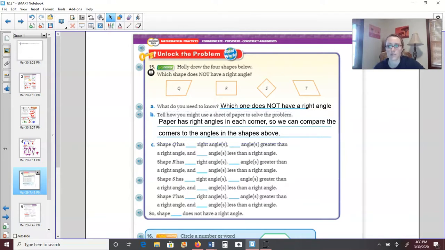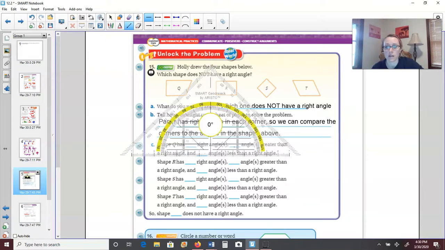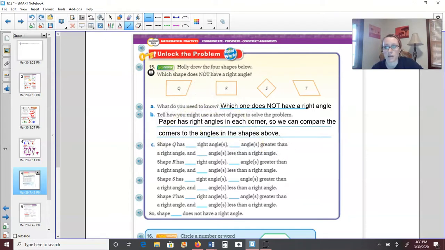But you might not have to do that using a piece of paper, but it's not a bad idea if you are having trouble trying to find if it's a right angle, greater than or less than. I'm going to see if I can find a shape that I could use.